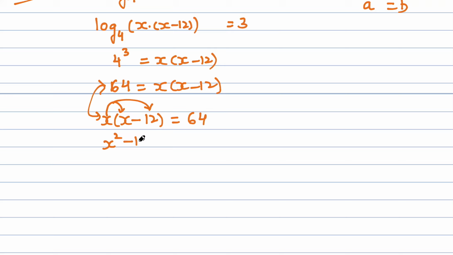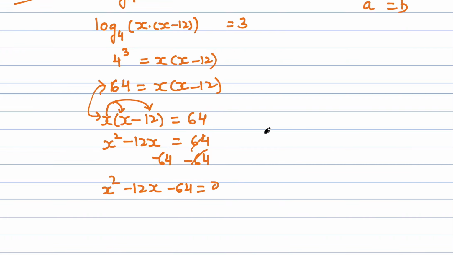X squared minus 12x is equal to 64. Now subtracting 64 on both sides, because I need to make the equation equal to 0 to solve it. X squared minus 12x minus 64 is equal to 0.